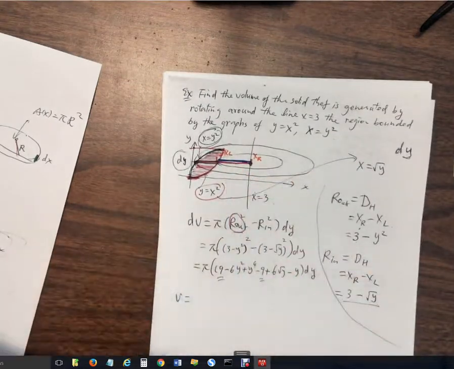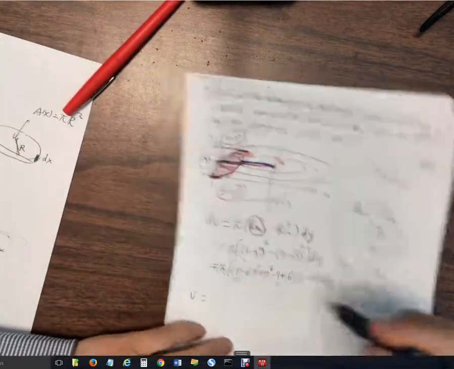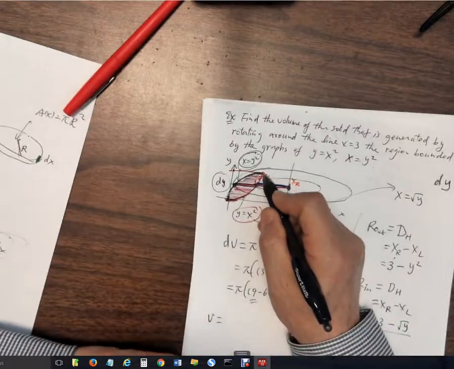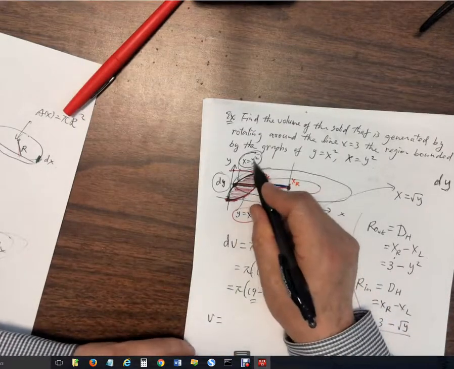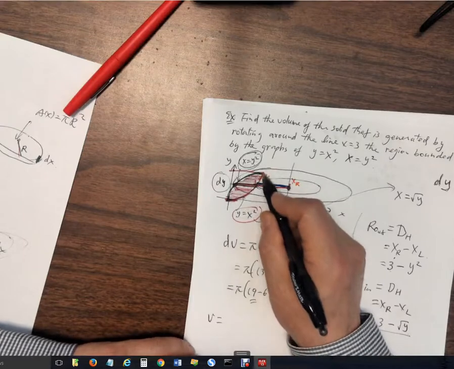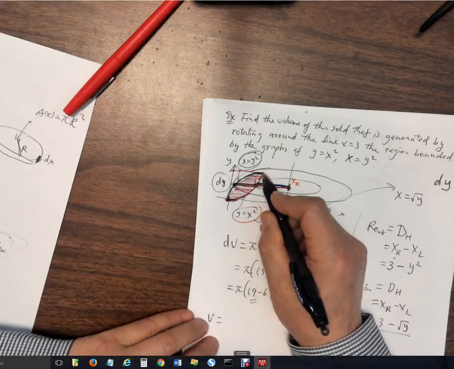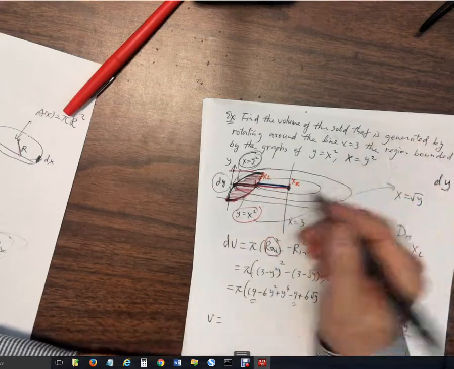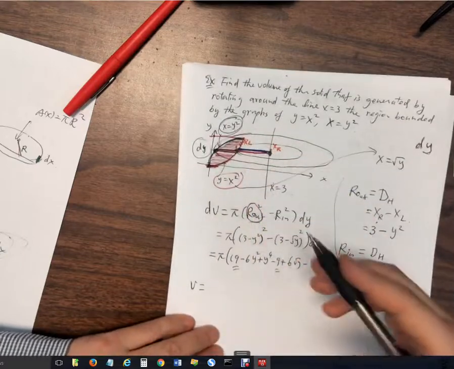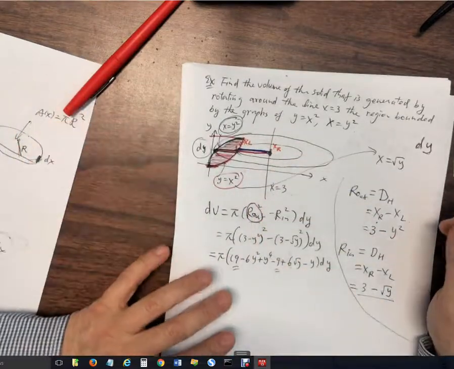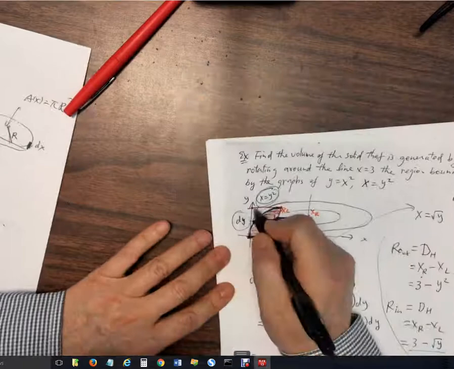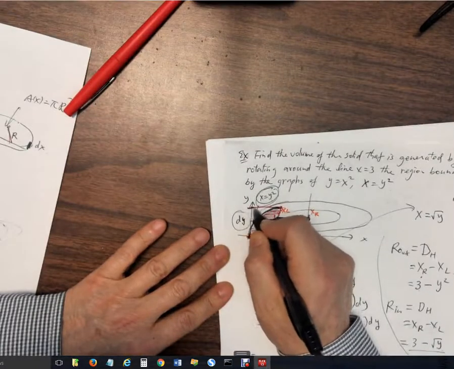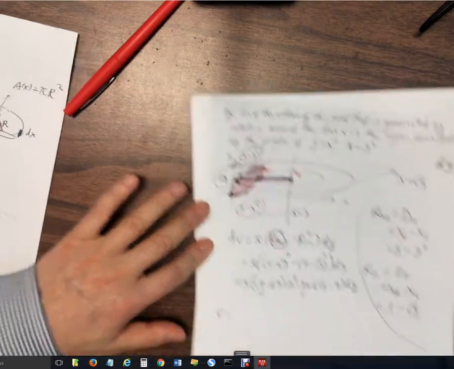Now, geometrically, we can see this is where x equal to y squared and y equal to x squared intersect with each other. So how do we find the coordinates of intersection? We said that x equal to x, but keep in mind you're looking for the y value up here, whatever answer you're going to get.